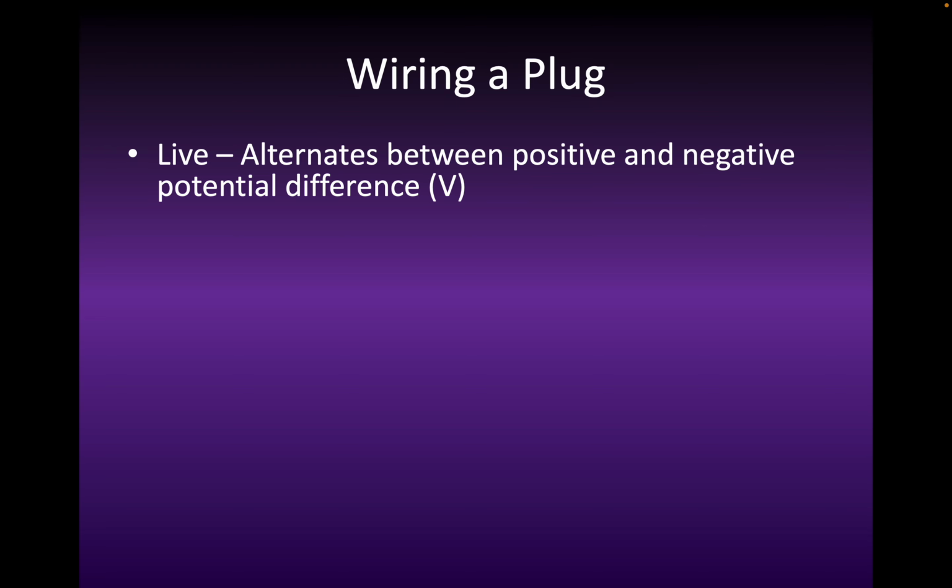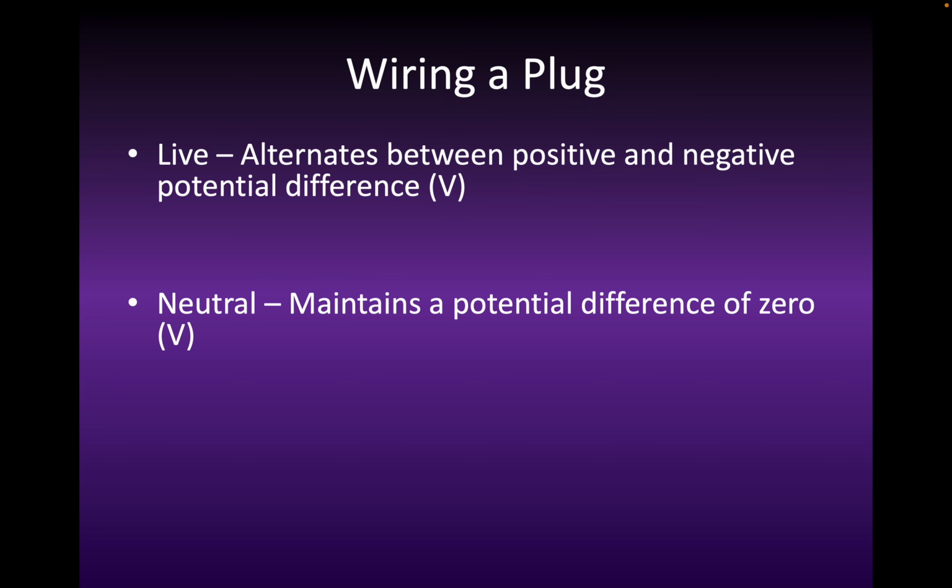Okay, so the live wire alternates between positive and negative, and it can give values of up to an average of 230 volts in each direction. The neutral is always maintained at a potential difference of 0 volts, which is why it's called the neutral wire.